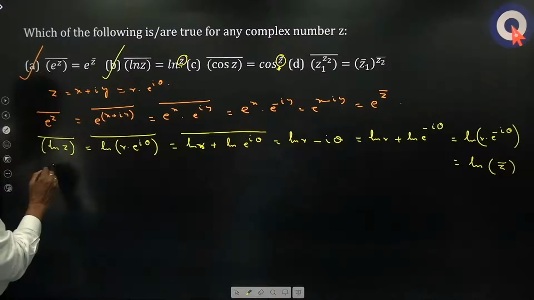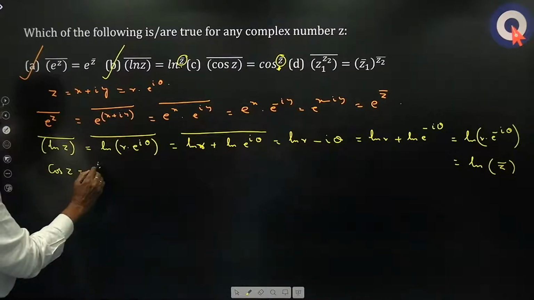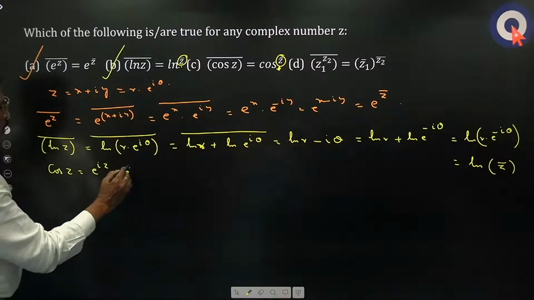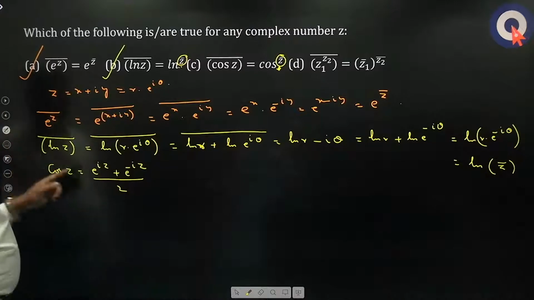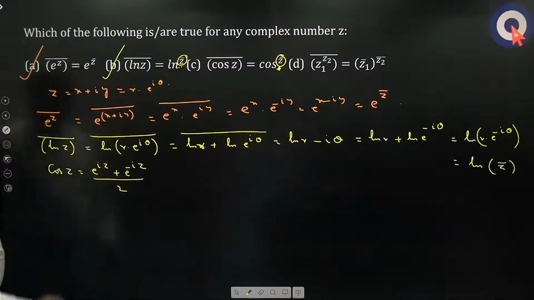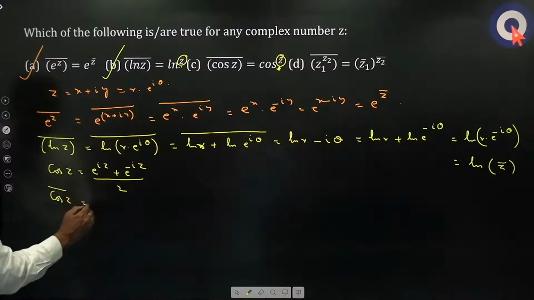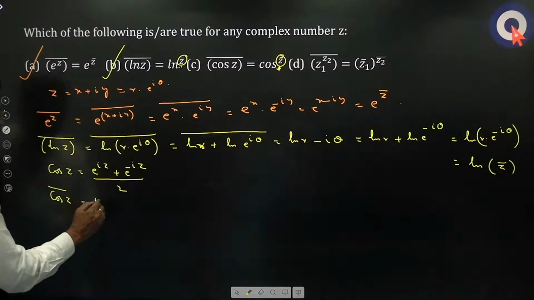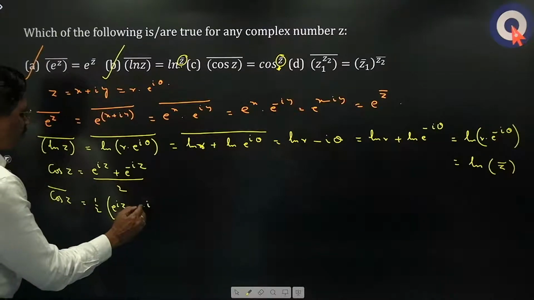We can write cos z as e power iz plus e power minus iz by 2. So the conjugate of this is 1 by 2 into the conjugate of e power iz plus e power minus iz.